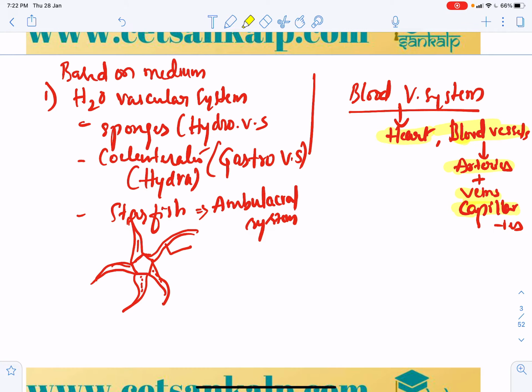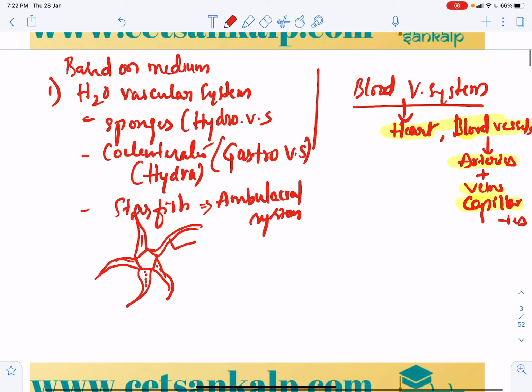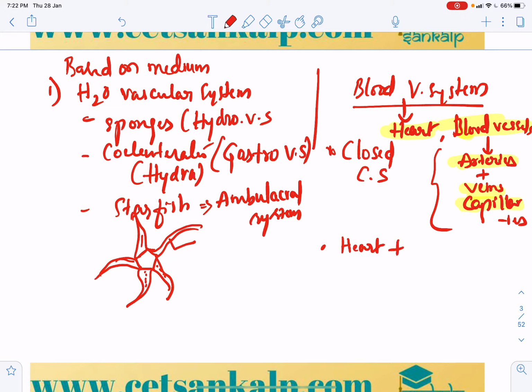If all these are included, and blood flows through these closed vessels, then we say that is a closed circulatory system, or vascular system. If the heart is included but only larger blood vessels, and no smaller vessels, then we say that is an open circulatory system.